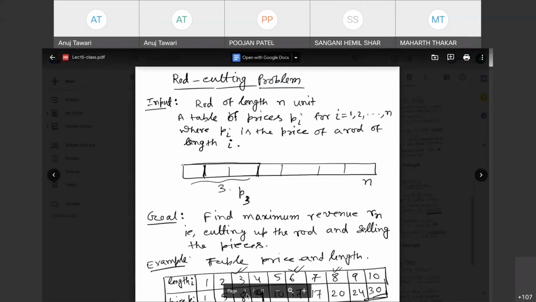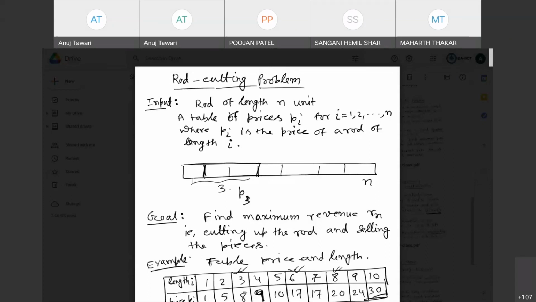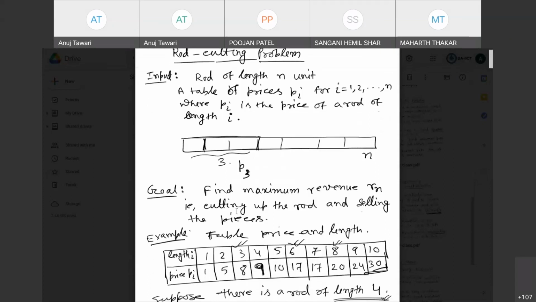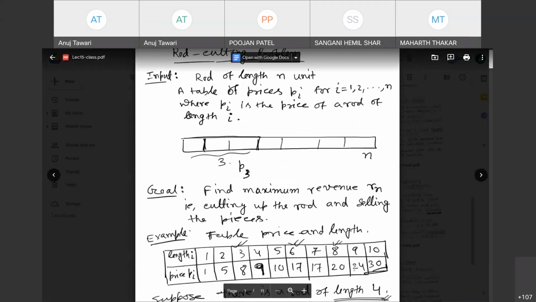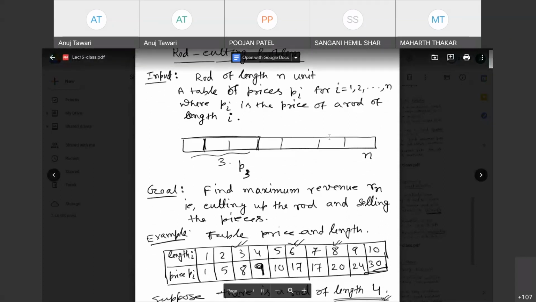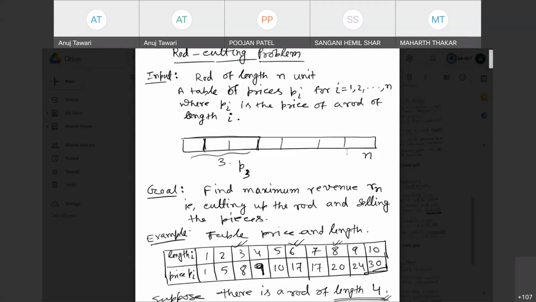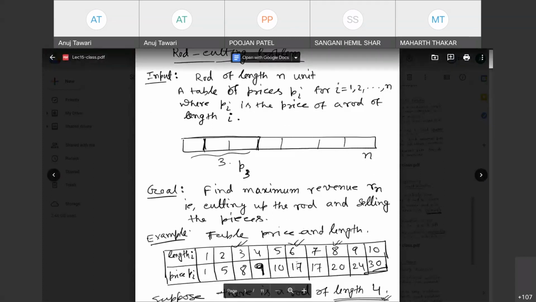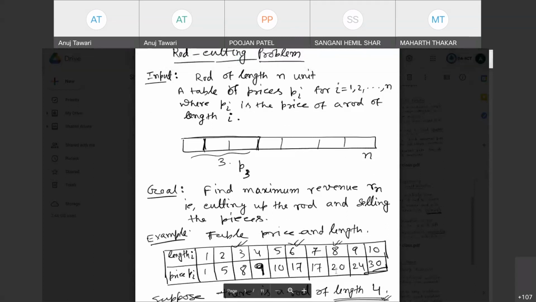Different length rods have different prices, and it's not like a rod of length 3 has thrice the price of a length 1 rod. So for instance, here is a table. What you want is to cut this rod at certain points so that you can get the maximum revenue out of it.